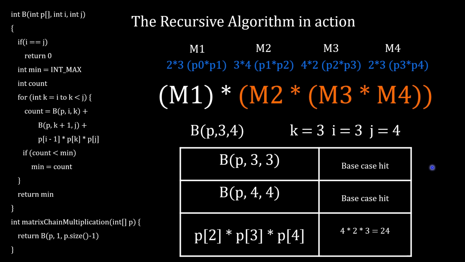To work that out, that's 2 separate cases whereby we're hitting the base case each time. Matrix 3 times by itself, matrix 4 times by itself, that's going to be 2 base cases. That's going to result overall in these 2 specific calculations being 0. So we're just going to be focusing on this specific part of the formula, which is working out the number of multiplications.